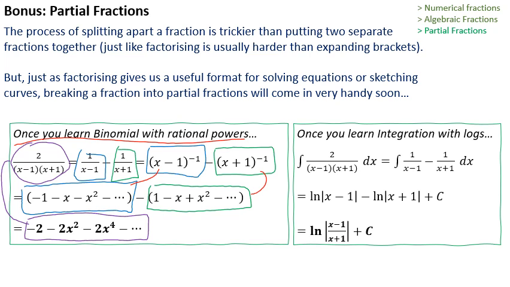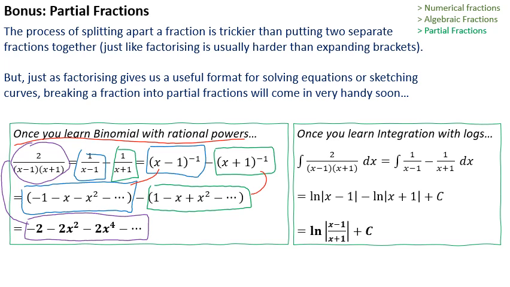So when you see, for instance, an integral like this, the integral of 2 over (x minus 1)(x plus 1), you can break that apart into separate, simpler terms. And although there is no easy way of integrating 2 over some quadratic, there is an easy way of integrating 1 over x minus 1 and 1 over x plus 1.